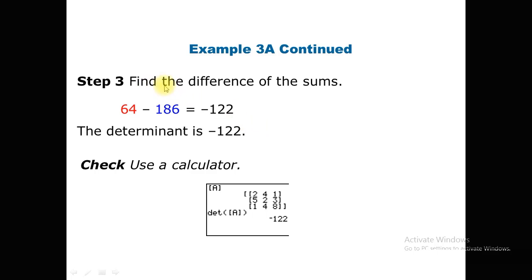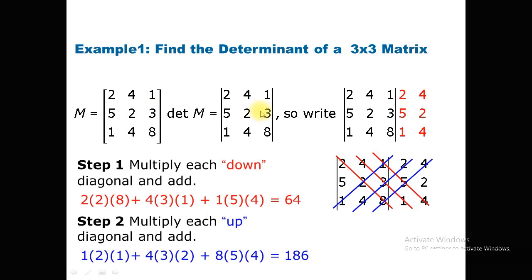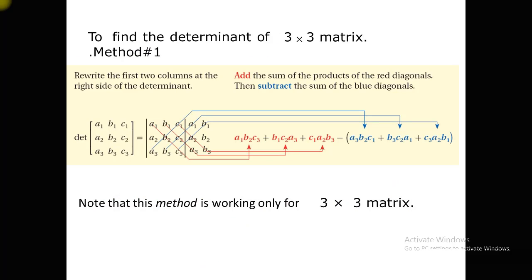This is the last step. This is the sum of the product of the down diagonal entries, and this is the sum of the product of the up diagonal entries. Again, the red color represents the sum of the product of the down diagonal entries, and the blue color represents the sum of the product of the up diagonal entries.